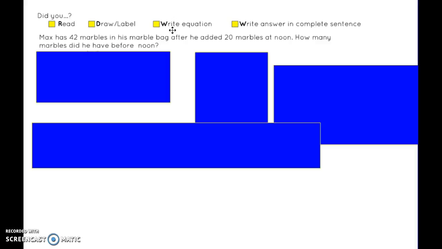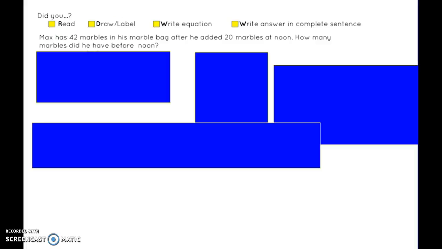I've read it through one time, and when I visualize it, I see that there are 42 marbles, and then I see that he's added 20 more. But what I don't know is how many he had before noon. So let's go ahead and circle our numbers.